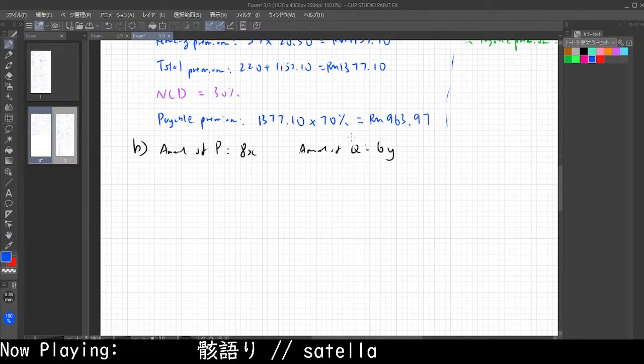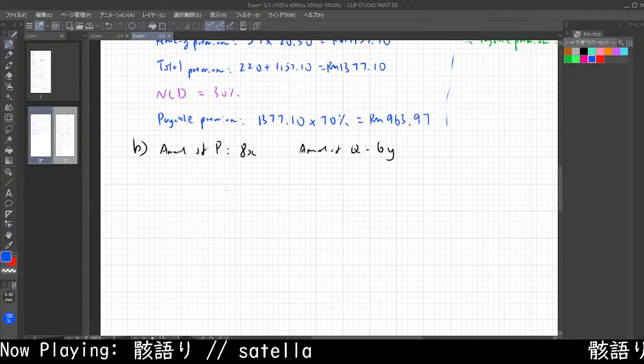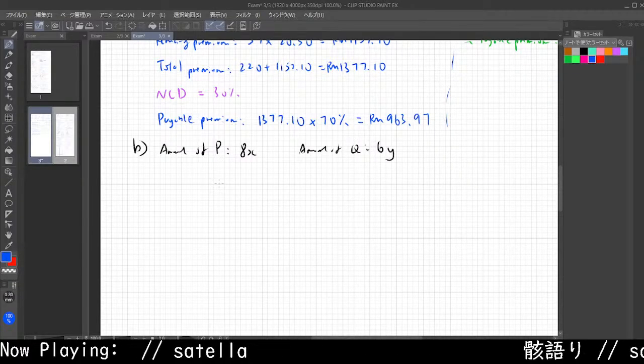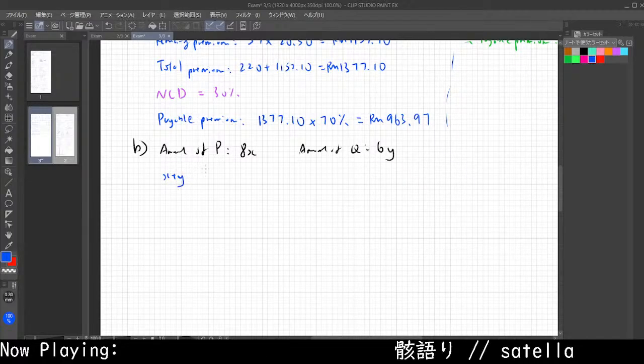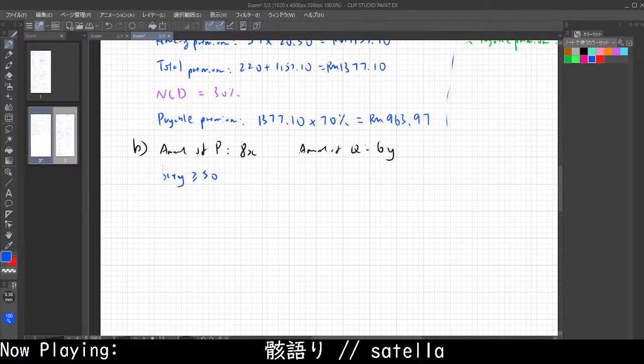The total number produced must be at least 50 units a day. So your first inequality, your X plus your Y must be greater than or equal to 50. Okay, so this is your 1.